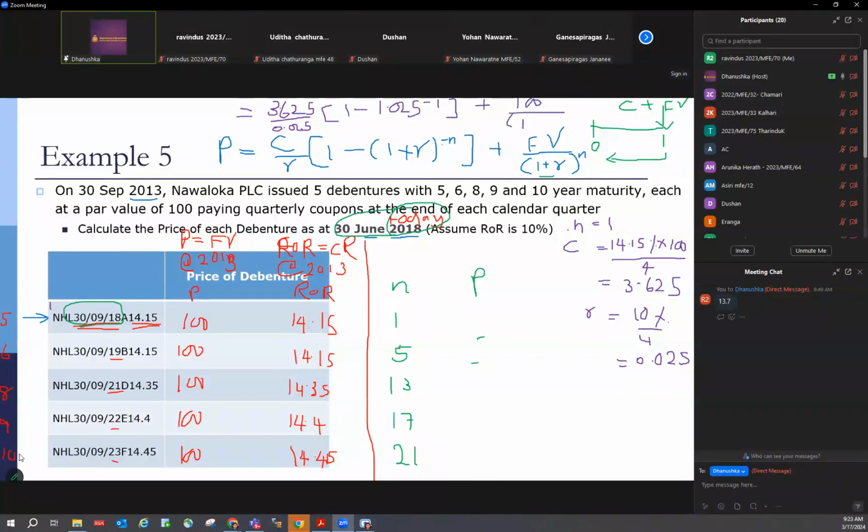Plus 100 into 1.025 to the power minus 1. So when you solve this, I saw you get 101.01.